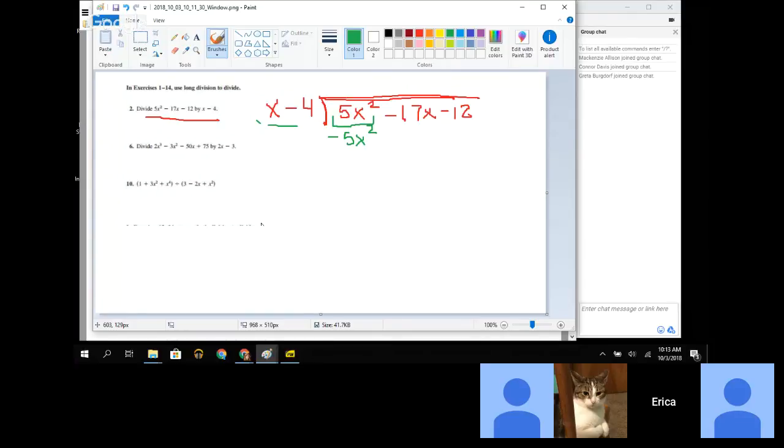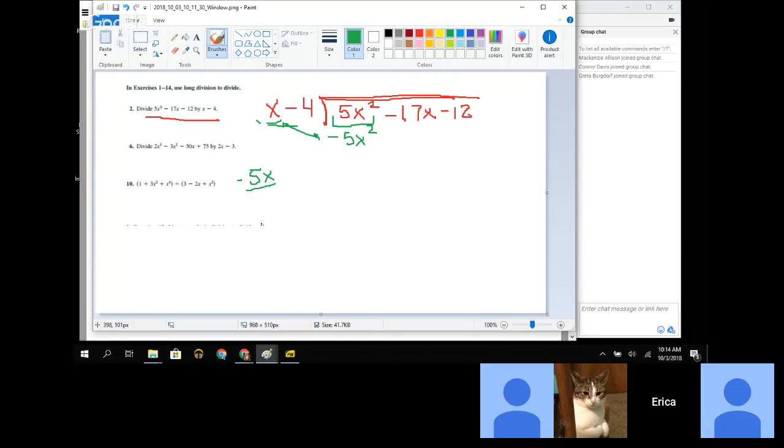So what do I multiply x by to get 5x squared? Well, to multiply something times x to get negative 5x squared, I need to multiply it by negative 5x, right? So negative 5x times x gives me negative 5x squared.